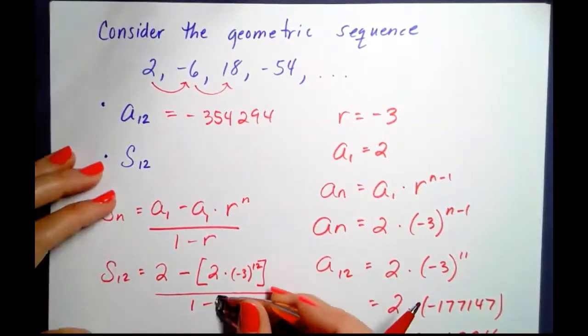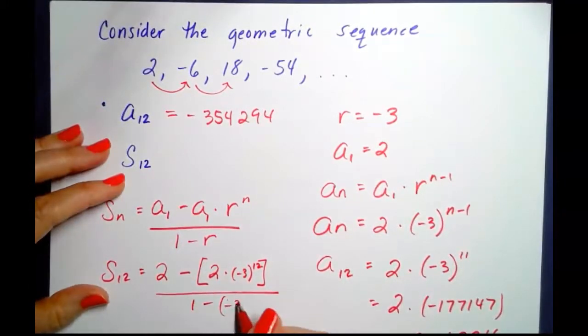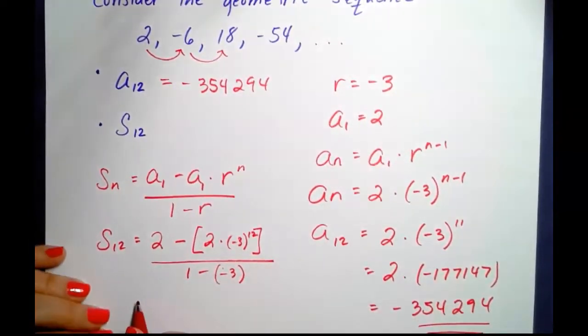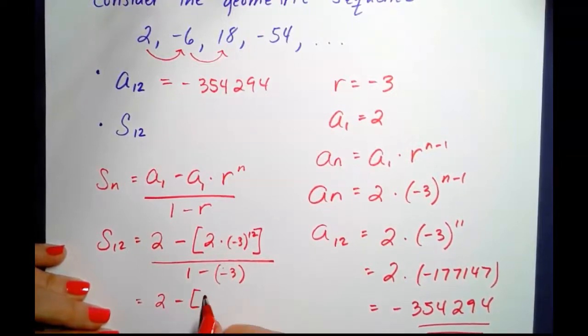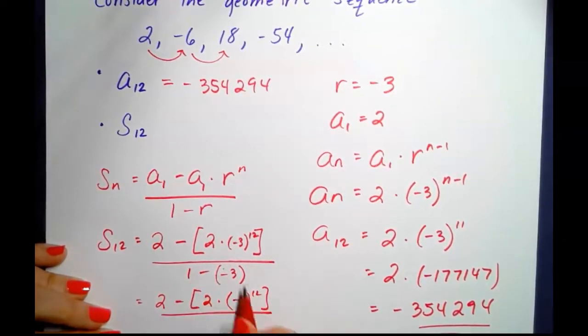Excuse me, 1 minus -3, because we know r. All right, so this is what we've got. Let's follow order of operations and simplify this just a bit. So 2 minus 2 times that number, and 1 minus -3, of course, is 4.